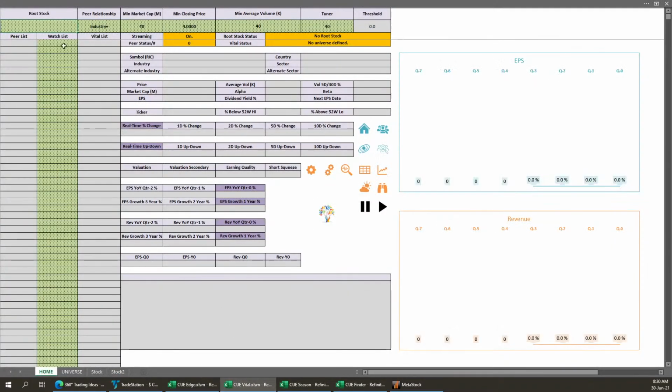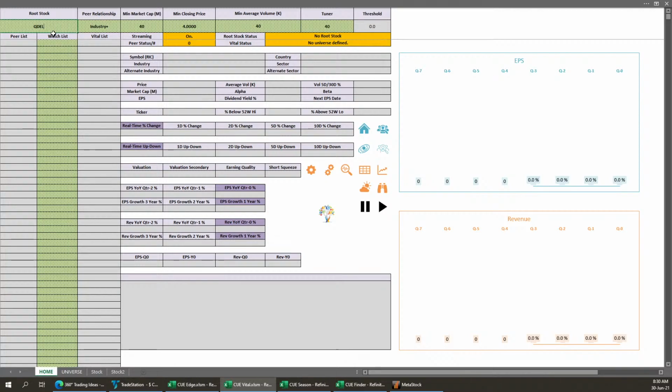Is it fundamentally strong? Let's check that out using QVital. And if you remember, I tweeted about it. The latest version of QVital allows you to specify the root stock both using ticker symbol or Reuters symbol.